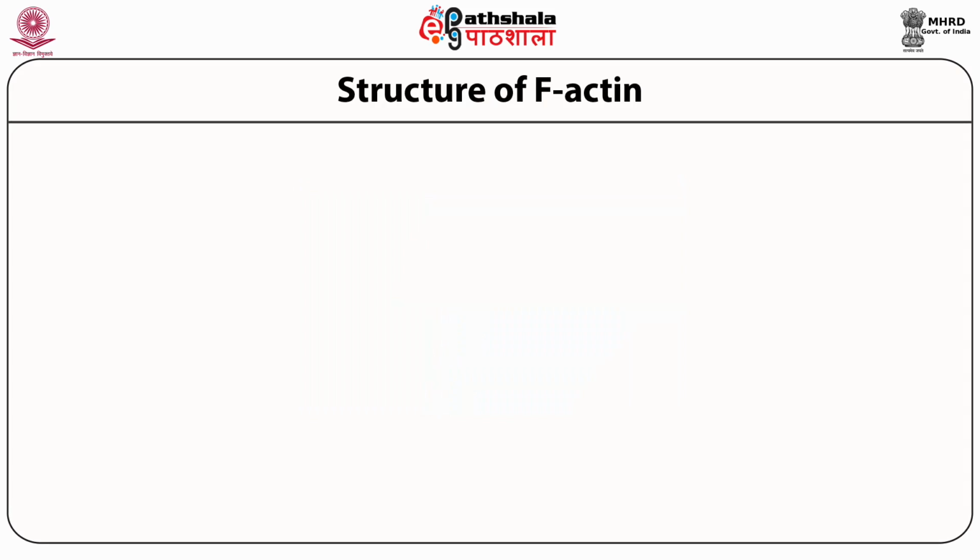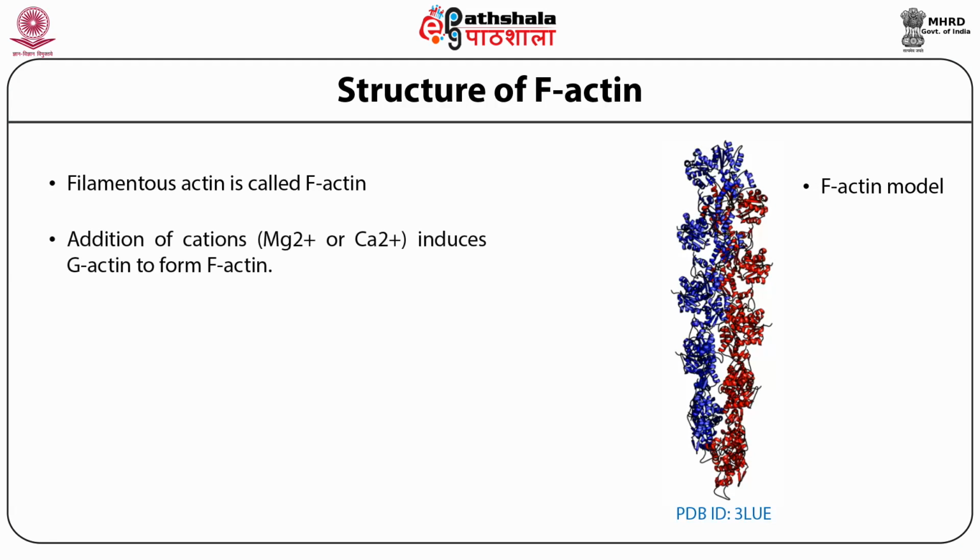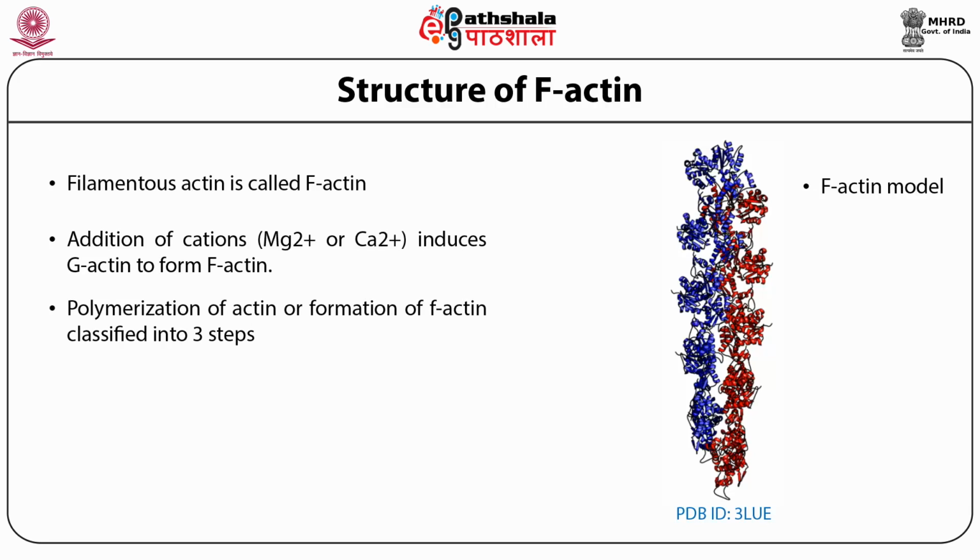The structure of F-actin. Here, the F-actin model is shown. For the filamentous actin, which we call F-actin, addition of cations, magnesium or calcium, induces G-actin to form F-actin much more rapidly. The polymerization of actin, or formation of F-actin, is classified into 3 steps as we discussed before: nucleation, elongation, and equilibrium.